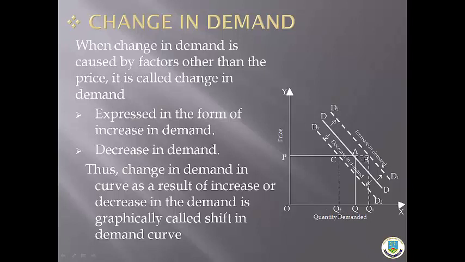So D1 D1 shows increase in demand. And when demand decreases to OQ2, demand curve DD shifts leftward, D2 D2. So D2 D2 shows decrease in demand.